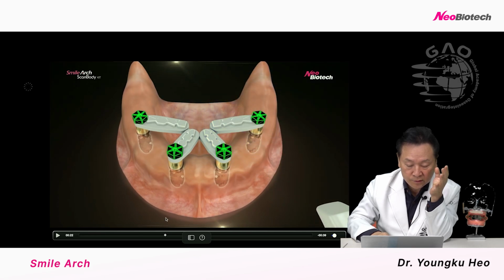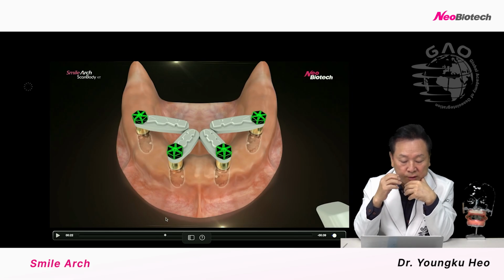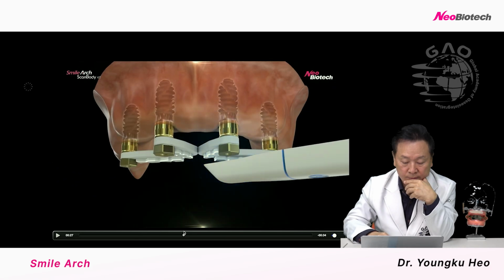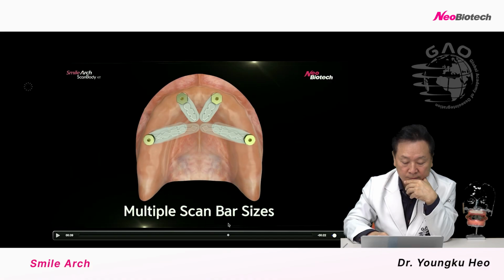Once we determine the implant position, it changes color from gray to green. So you can align it many ways like this, so that we can put everything together in the middle, and then we go to the individual implant like this.